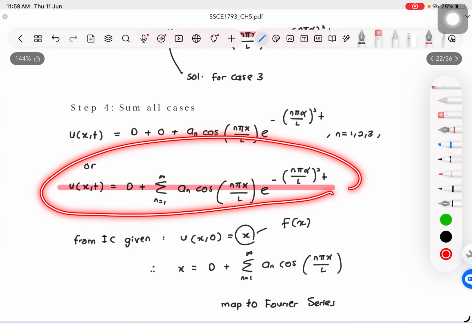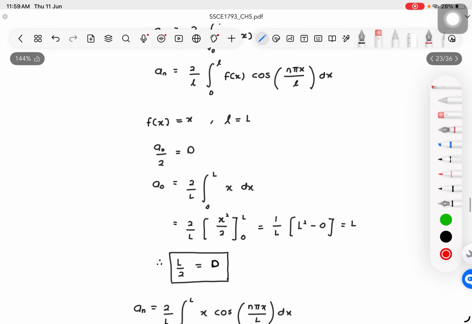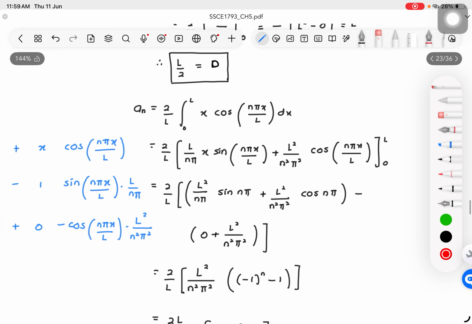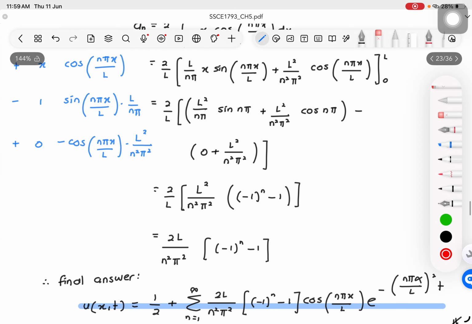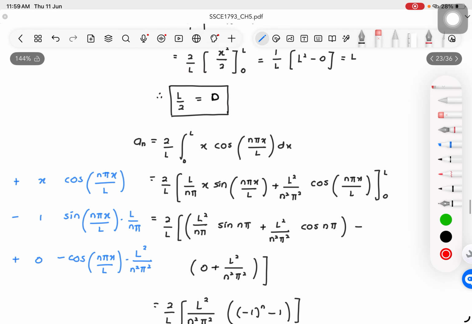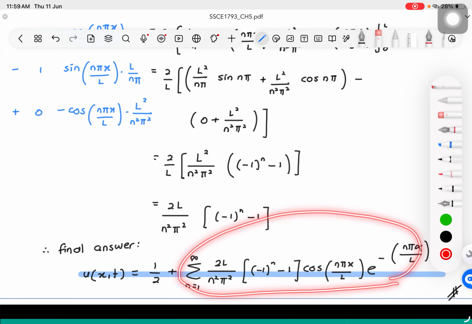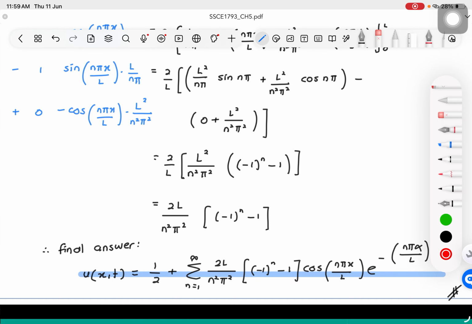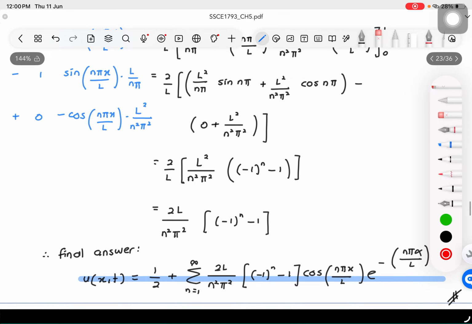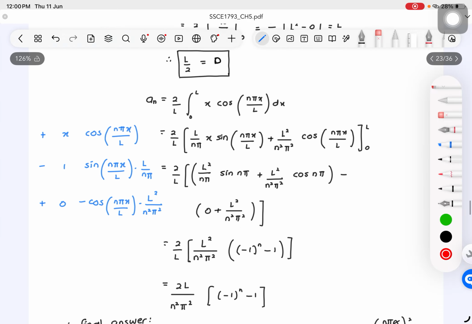D just now you obtained is equal to this one. So the rest is this one. So this is the answer. This is how to get the general solution for u.